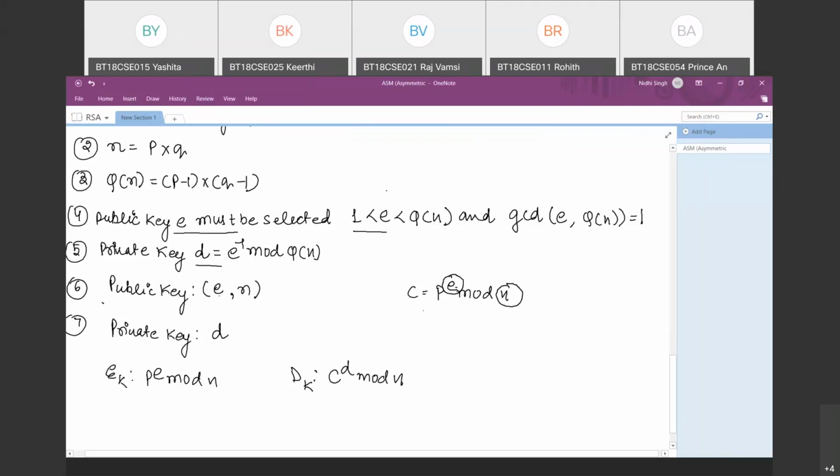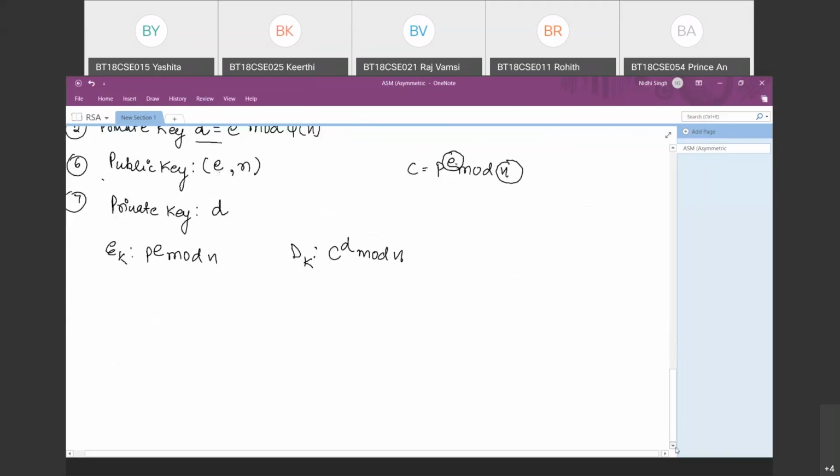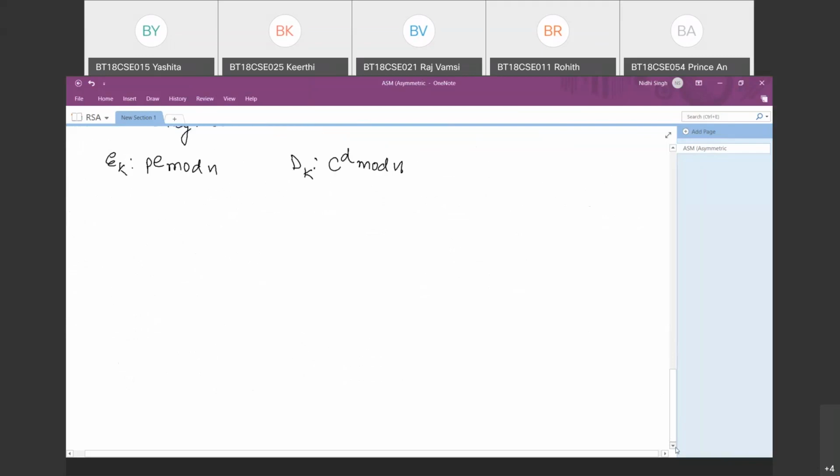So now one simple example so that you can better understand this algorithm. Just listen properly, otherwise in the next algorithm you will get totally confused. So in the example, suppose Alice wants to send a plain text having a value of 2, right?